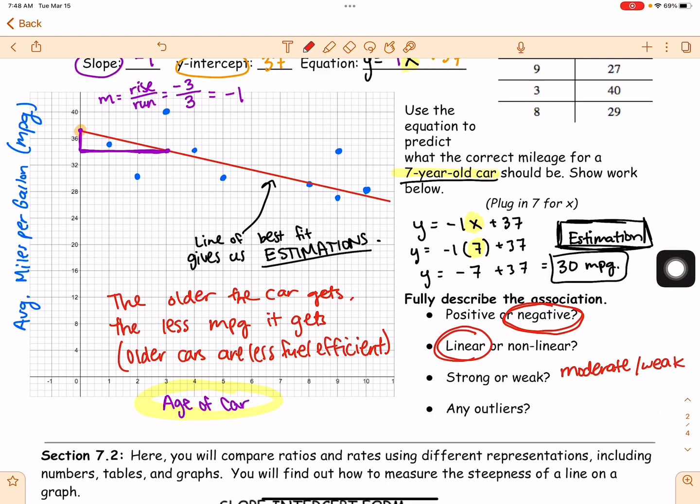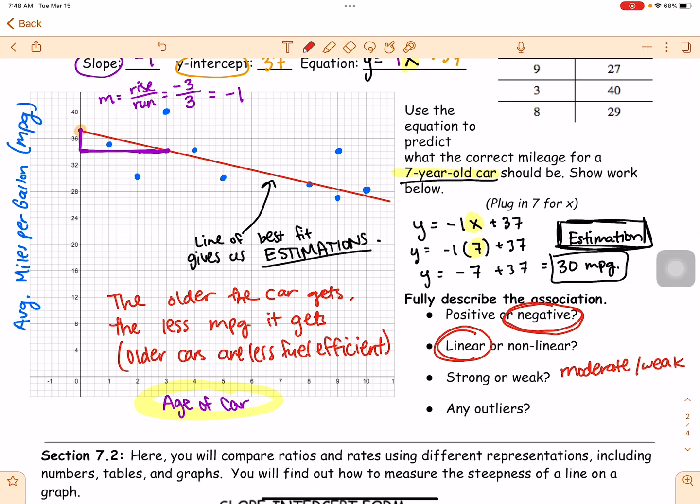One might argue that this guy way up here is an outlier, but not really. I mean, that fits the data. It's a younger car, only 3 years old, and it gets 40 miles per gallon. So even though these cars younger than 3 years old get less miles per gallon, this guy still meets the data.